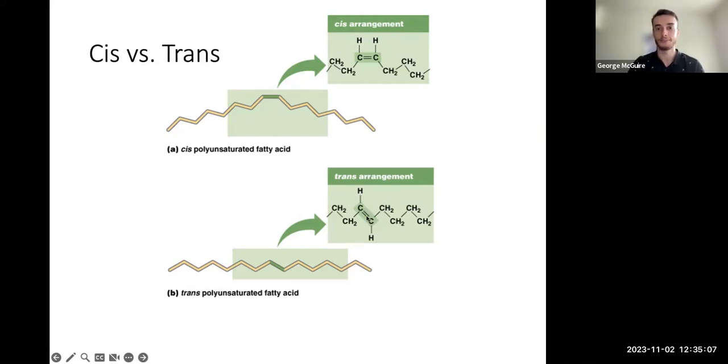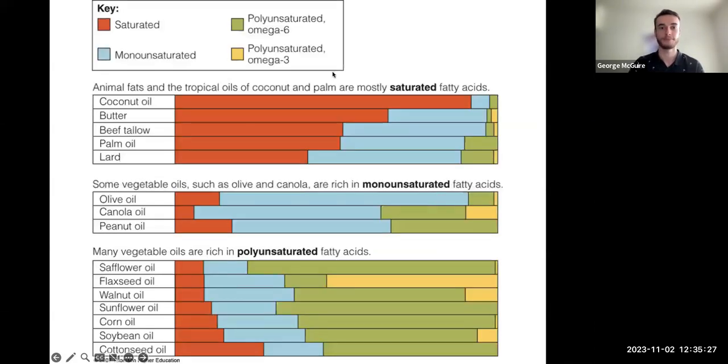However, the hydrogens bonded to these two carbons are on opposite sides, and thus that essentially reverses that bend, this kink, and puts it back into that almost solid, rigid structure, right? That is much more structurally stable, and so it can turn these liquid oils back into an almost solid fat.